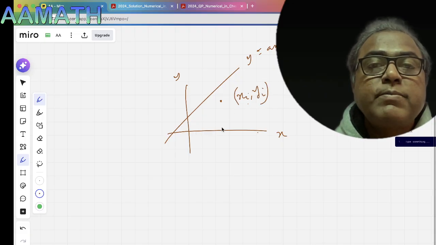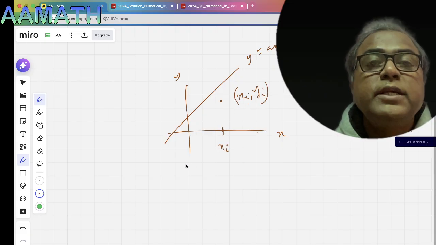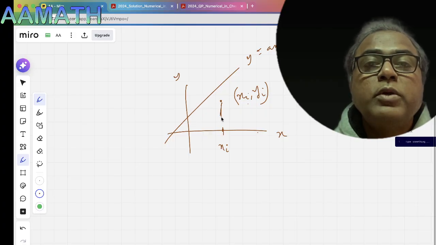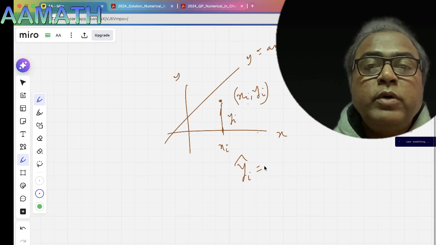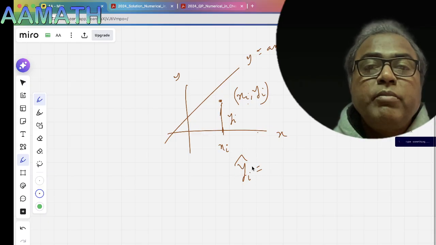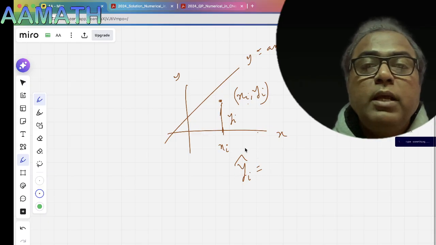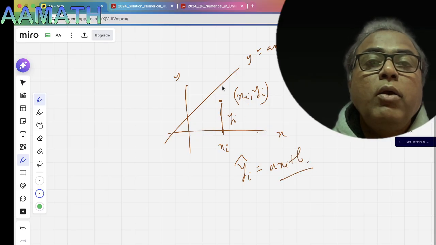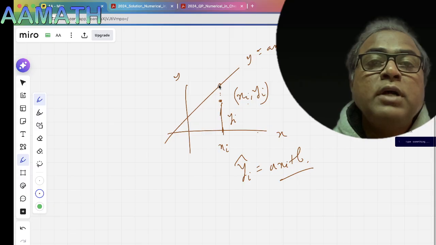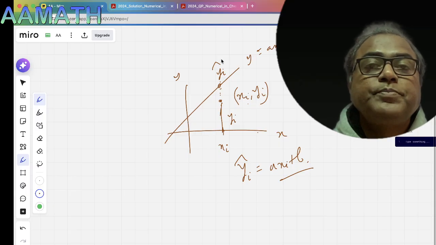So this is the distance xi, say x1, x2, and this is the corresponding height, corresponding yi. So yi cap is the predicted value axi plus b. So this is the height from this point to this point. This is the yi cap predicted value on this.